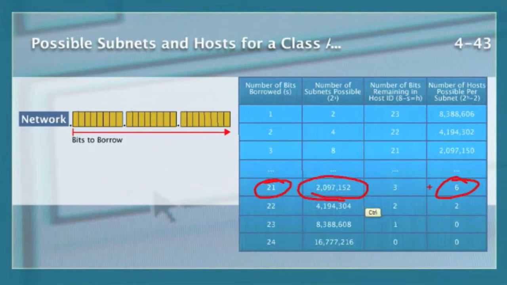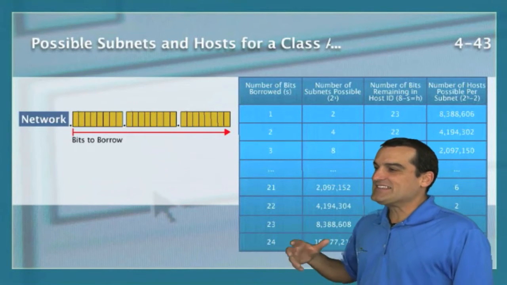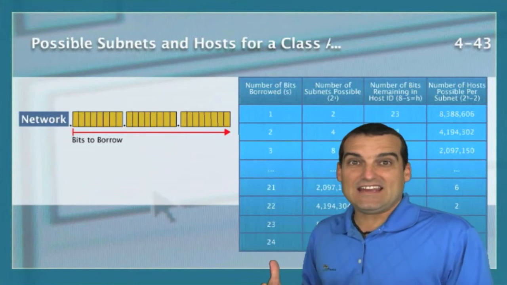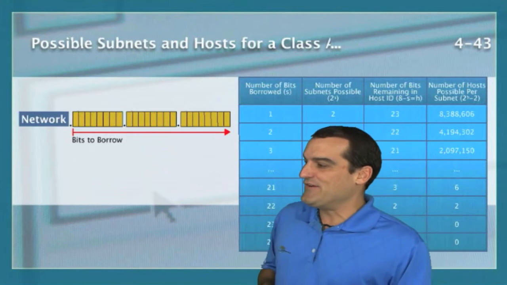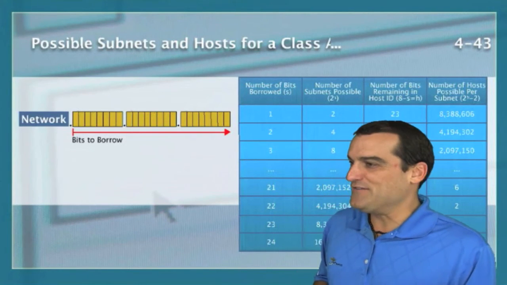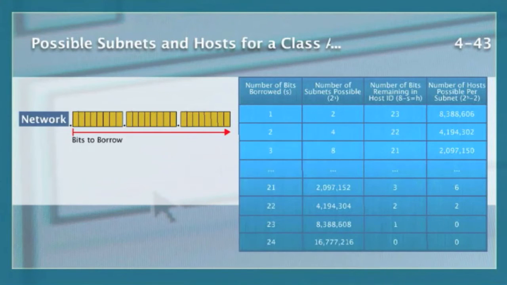Amazing. But again, we are concerned with Class C examples because a Class C is representative of what we would find in a small network infrastructure. And they also don't want you to have to do any of this gory math, right?